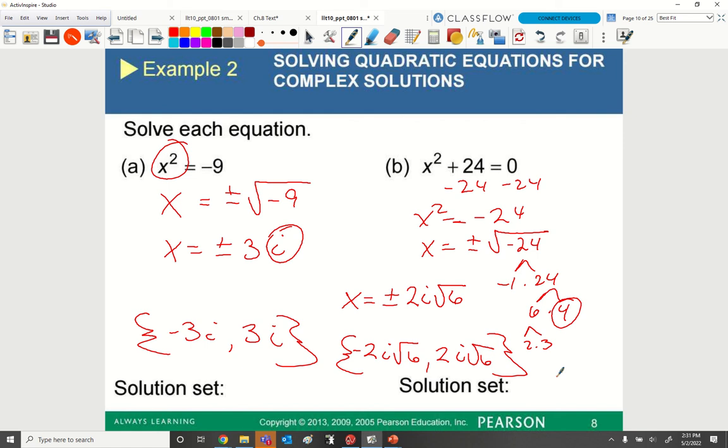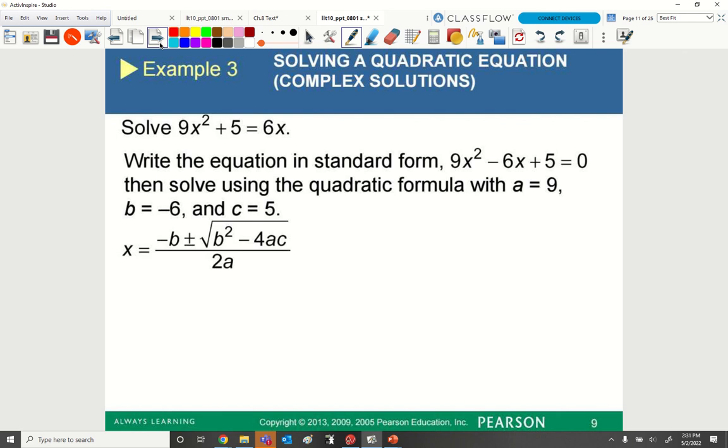I have one more type of problem before I let you guys start working on this. So we're going to do the quadratic formula here. Now, quadratic formula has to be in descending order, and it also has to be equal to 0. Is this problem right here equal to 0?